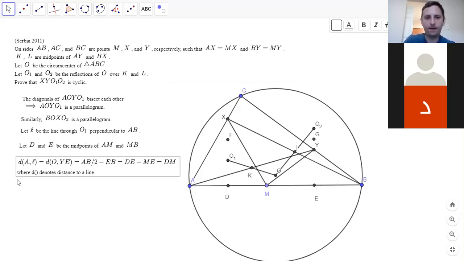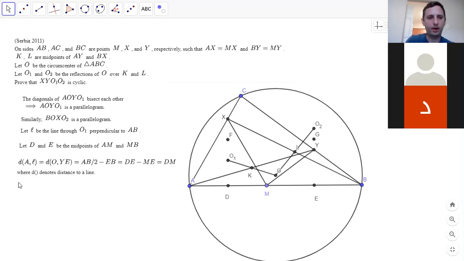So this means that XO1 and D are collinear. But what are F and G, by the way? I don't even know what F and G are. Oh, I'm going to use them later. Okay.